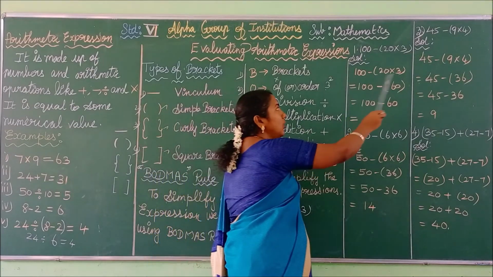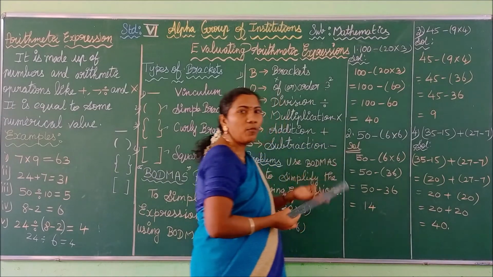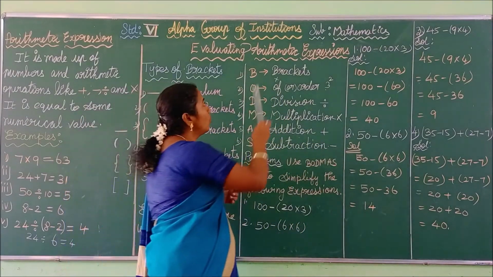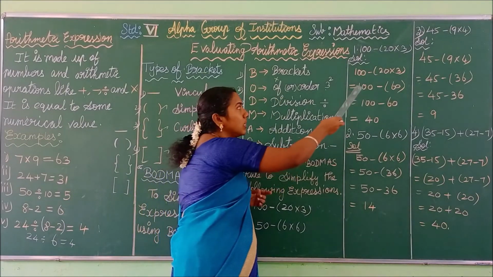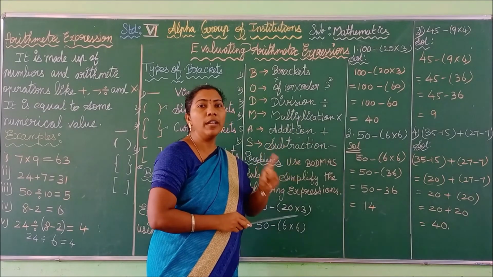You already know what each letter of the BODMAS rule stands for. In the question you have a bracket. What type of bracket is this? It is a simple bracket. So you follow the BODMAS rule to evaluate this expression. As per the BODMAS rule, you have to evaluate the bracket first.